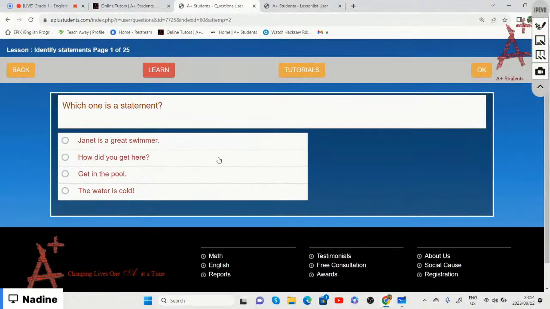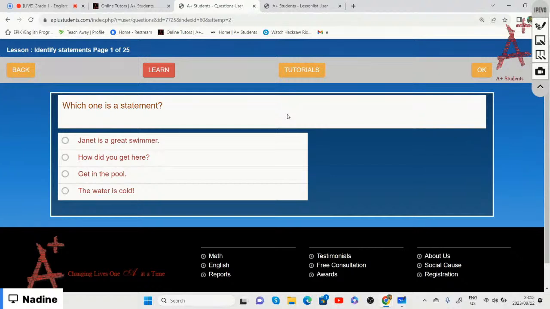All right, so if we look at these sentences, which one is a statement? Earlier on the whiteboard, I broke down what a statement is, what a question is, what a command is, as well as what an exclamation is. We said a statement is where you are just telling about something.